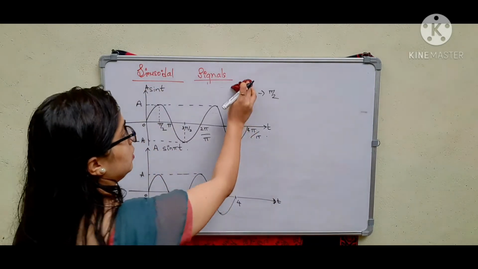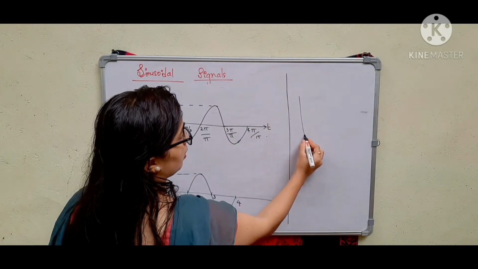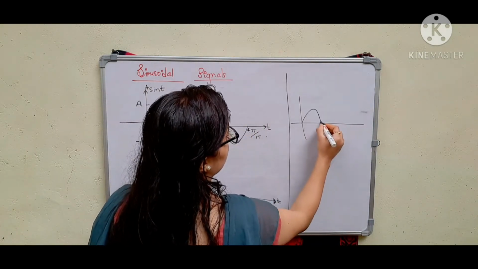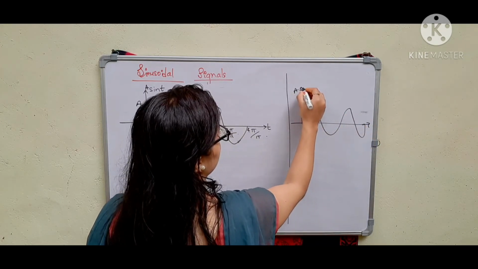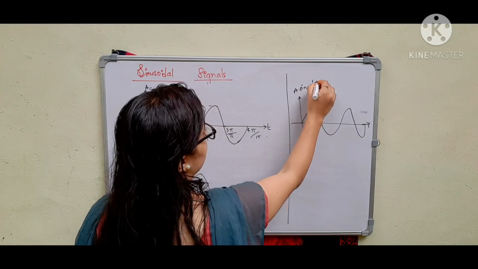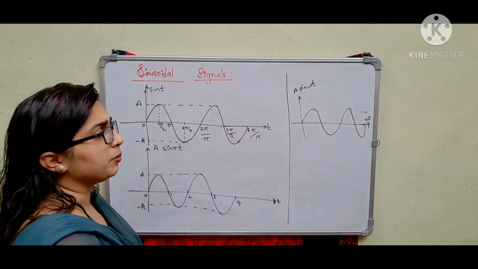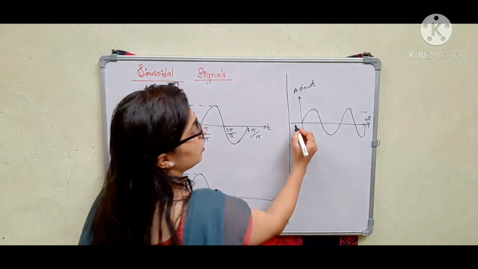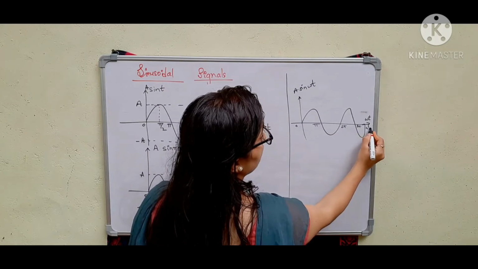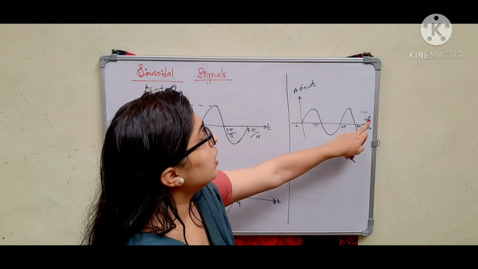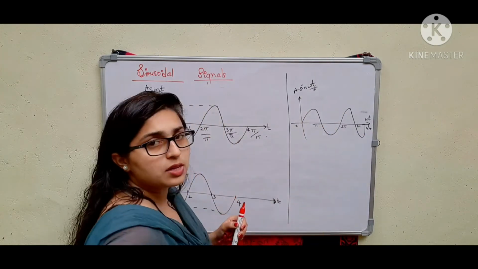Next we can have A sine omega t. Here I will consider omega t as 0, pi, 2 pi, 3 pi, 4 pi. So for sine omega t, if I substitute omega t as 0, sine 0 is 0.